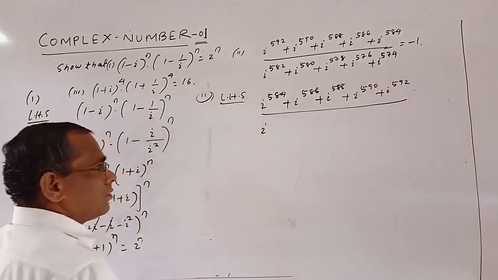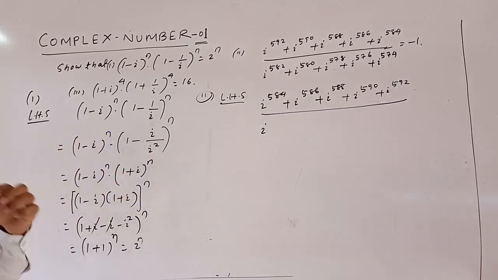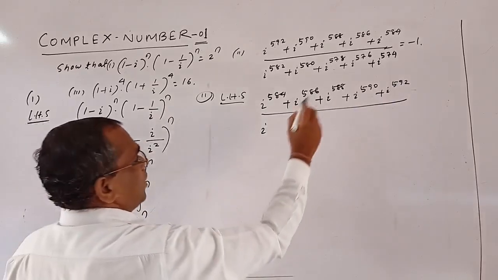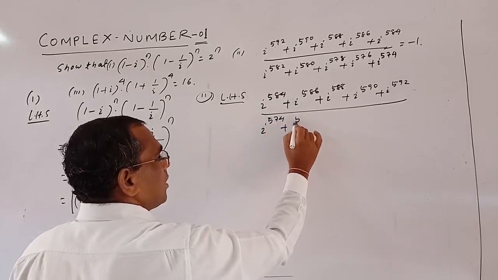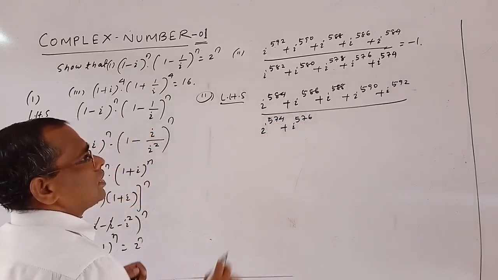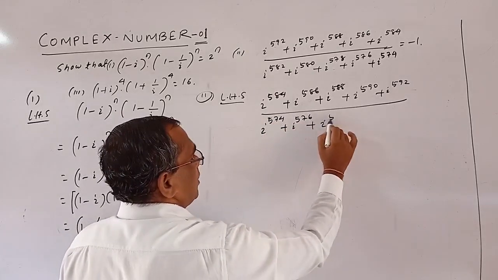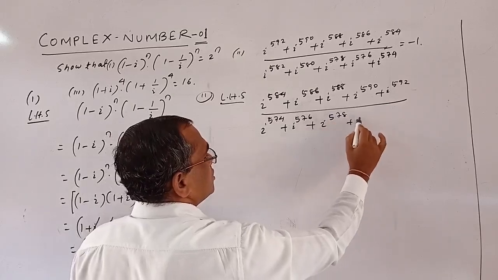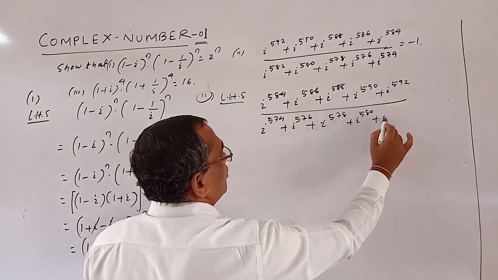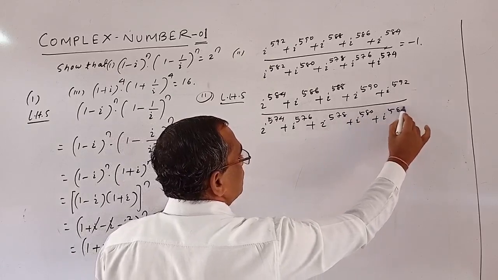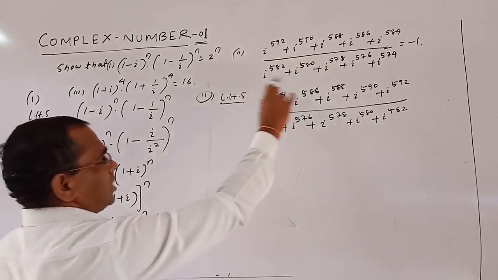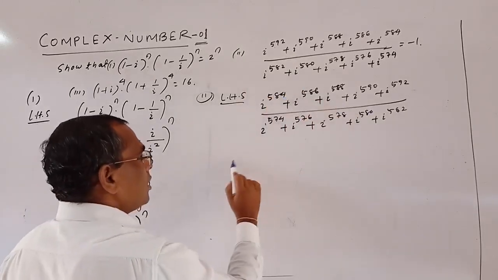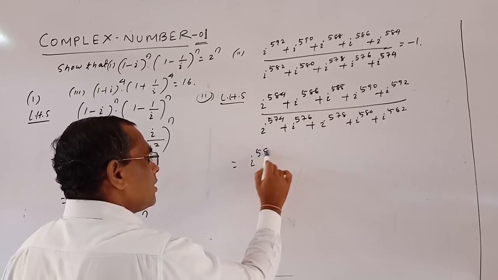We write it in ascending order: i to the power 574 plus i to the power 576 plus i to the power 578 plus i to the power 580 plus i to the power 582. So ascending or descending order, write it. Here i to the power 584 is common.